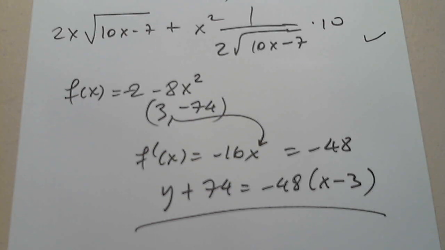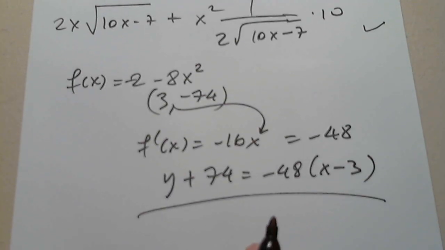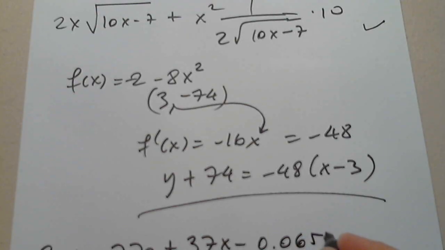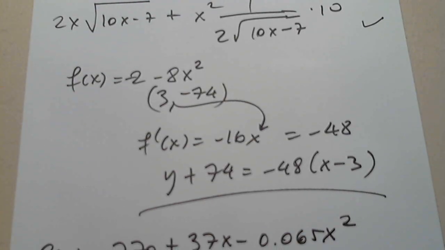Do we need to work on this problem? Can we do this one? Yes, of course. Okay, so we have c of x equals 770 plus 37x minus 0.065x squared. So they want us to find the average cost and then differentiate, and plug in 176.